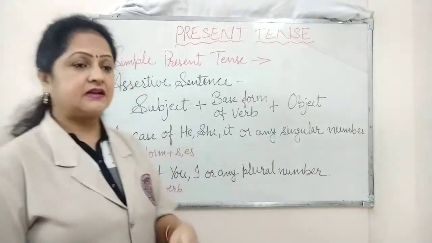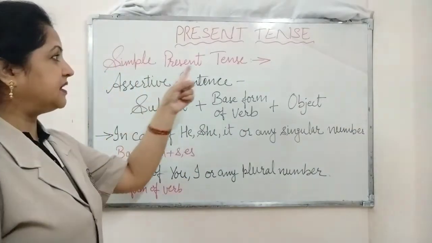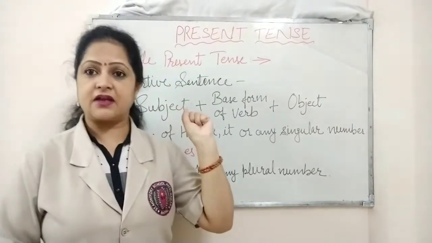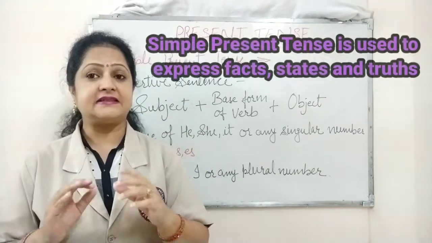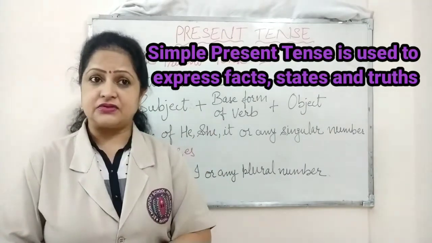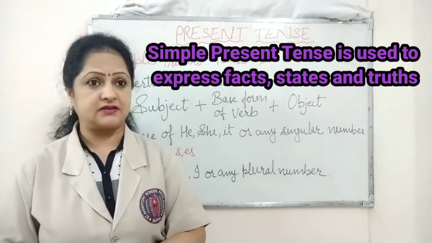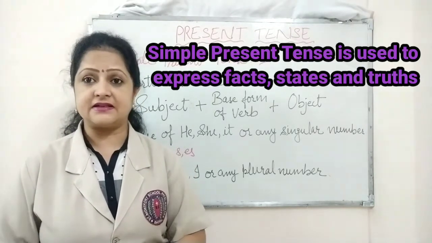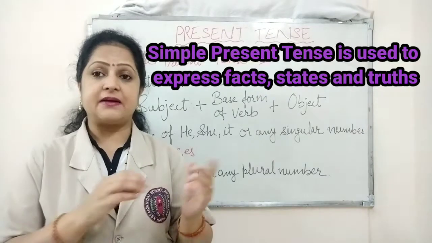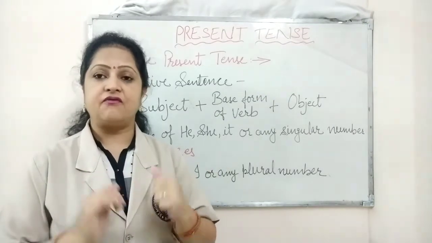So let's start with simple present tense. Simple present tense is used to express facts, states, and truths. In simple present tense, we generally use the base form of the verb.